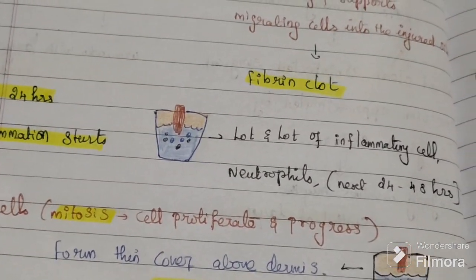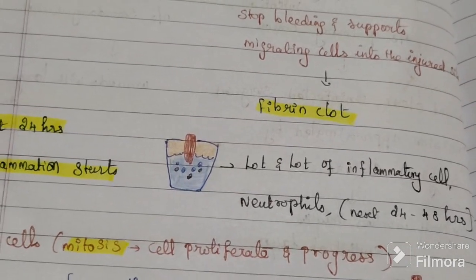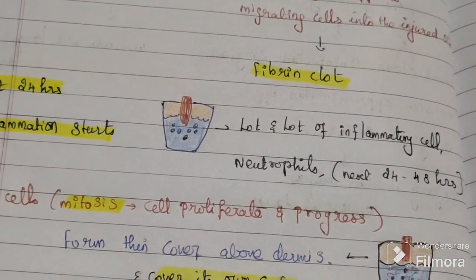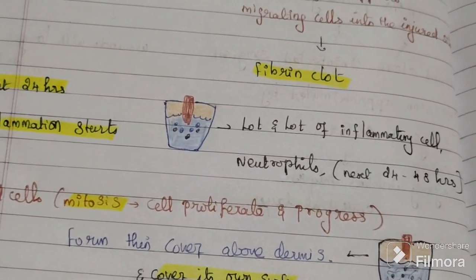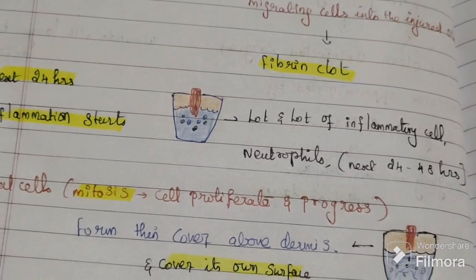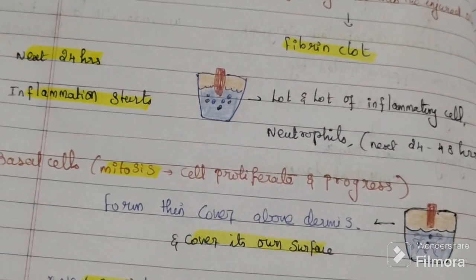You see a lot of inflammatory cells here, particularly neutrophils, towards the site of injury, in the case where the injury is a clean surgical incision.